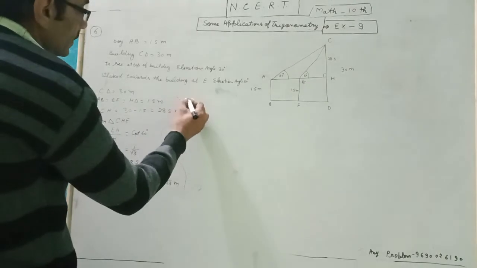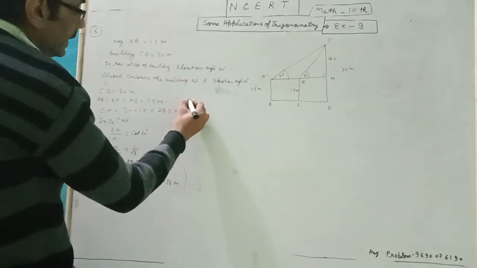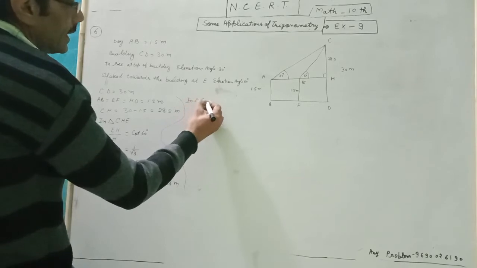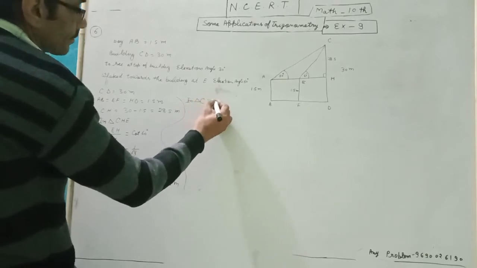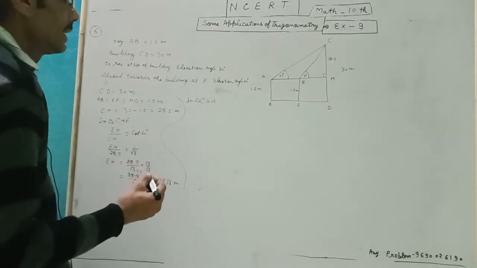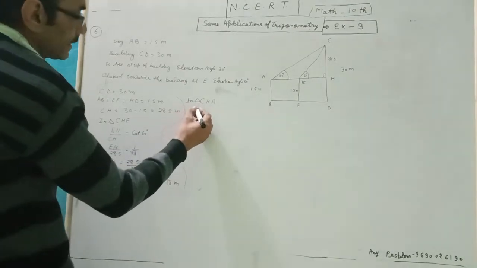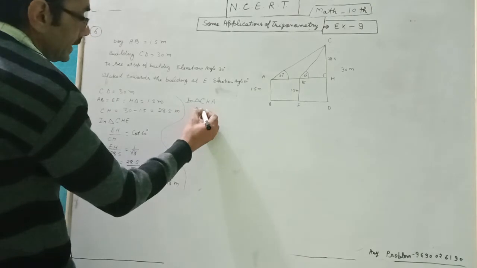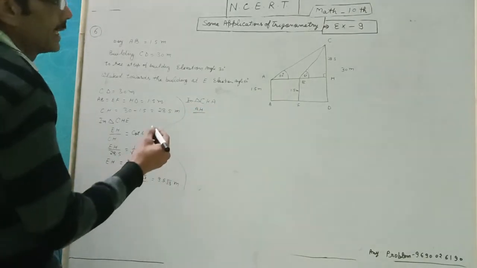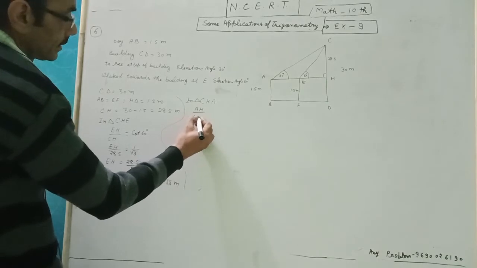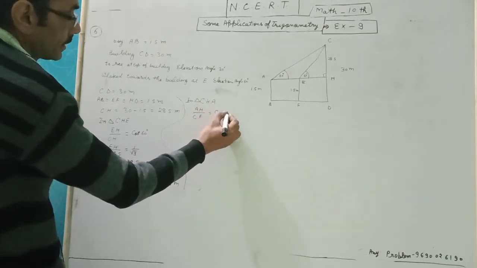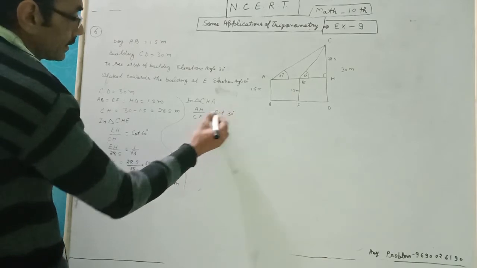Now in triangle CHA, H is 90, AC is hypotenuse. We find AH upon CH is equal to cot 30.